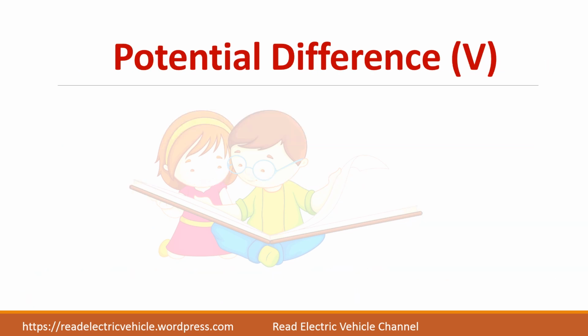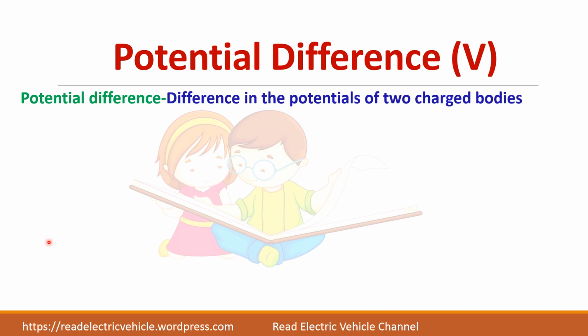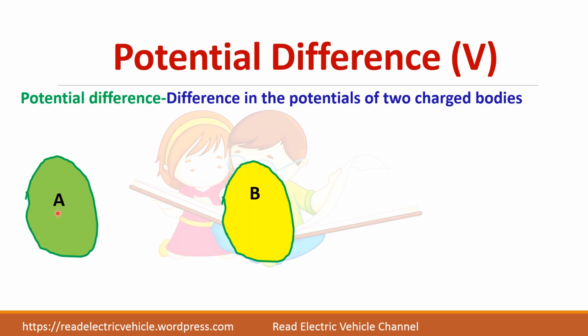What is a potential difference? Suppose I have two bodies A and B which are at different potentials. The difference in potential of the two bodies is called the potential difference. So in this case it is equal to 6 volts. Whenever two points which have different potentials are connected together, current will flow in this circuit.